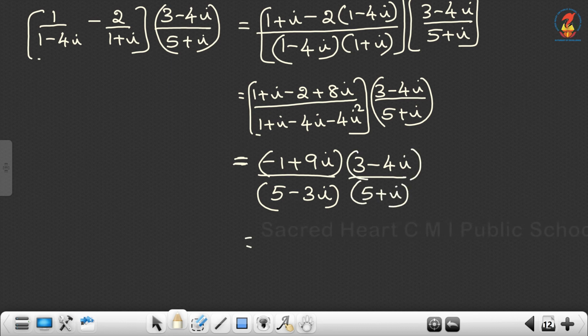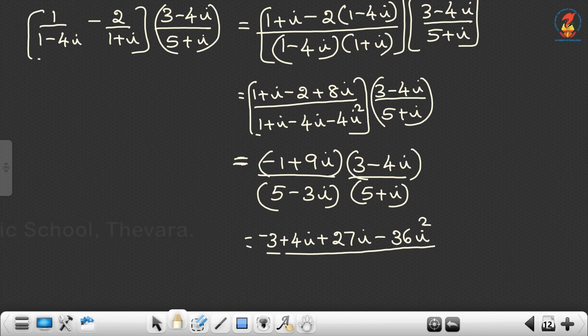Now you have to multiply. So minus 1 into 3 minus 3, then plus 4i plus 27i minus 36i squared by 5 into 5 is 25 plus 5i minus 15i minus 3i squared.